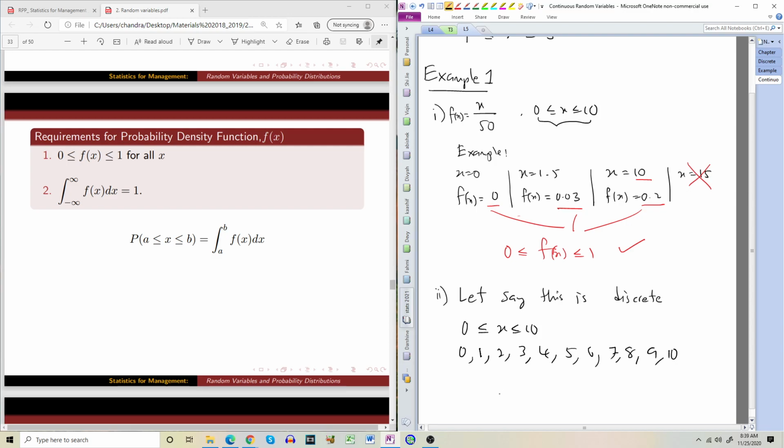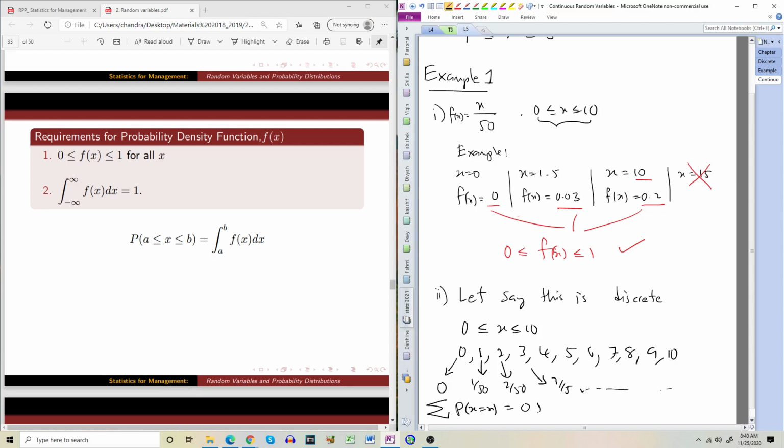It cannot take decimals. Let's say it's discrete. For each of them, you will find the probability. For 0 it is 0, for 1 it is 1 over 50, for 2 it is 2 over 50, for 3 it is 3 over 50. Like that, you find for each of them, and to prove it, the summation is 1.